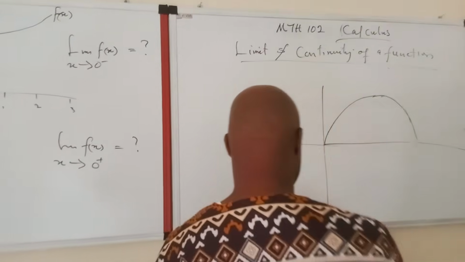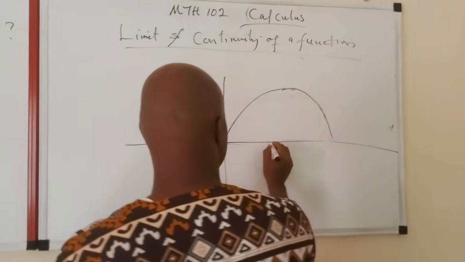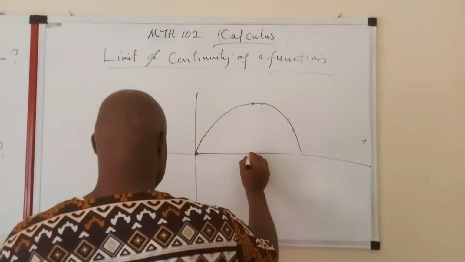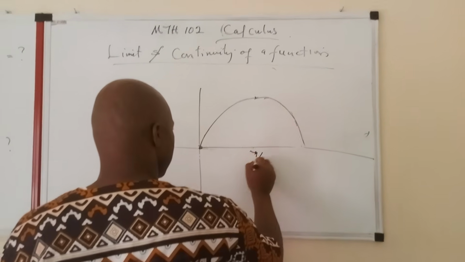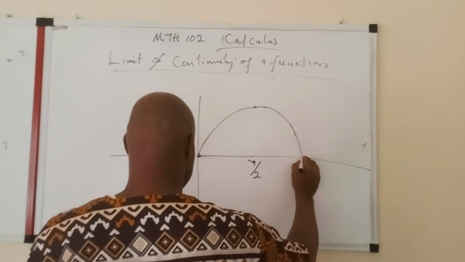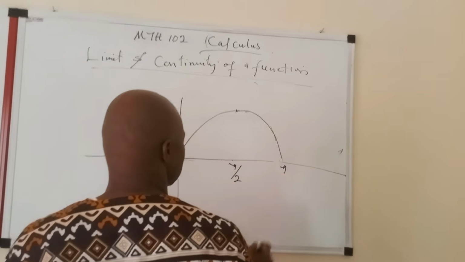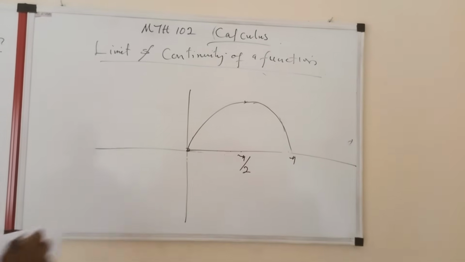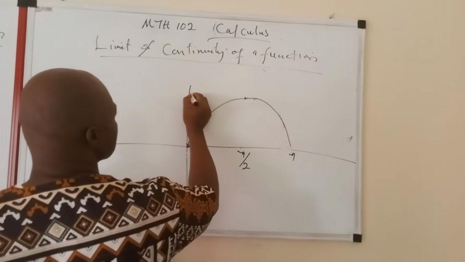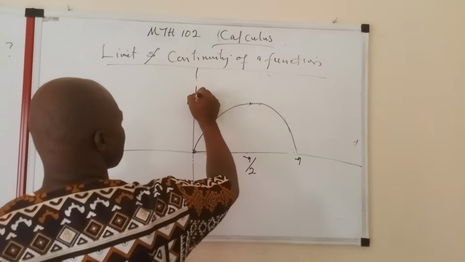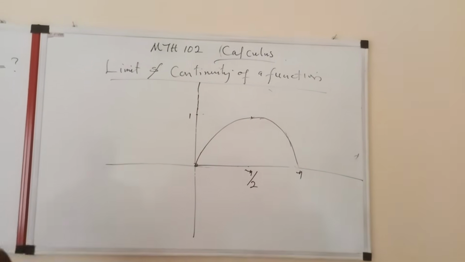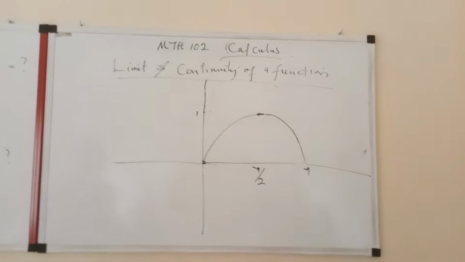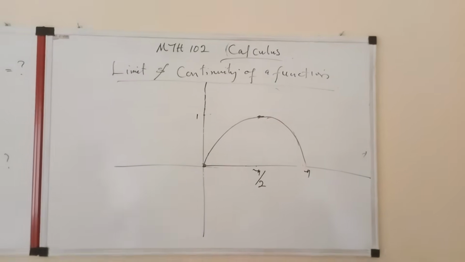Let's consider this function where here is 0, this is the center point. The center point, just say, is pi over 2. Then here is pi, and so on. Now, if this corresponds to this place, and here is 1, and so on, from here to here, this height here is say 1. Then what is the limit?